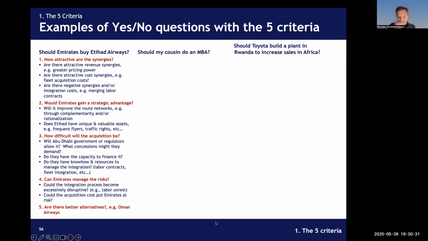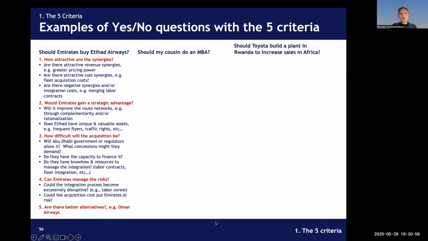Third, how difficult is it for them to pull this off? Is it even feasible? Do they have the money, for example, to acquire Etihad? Will they be able to get regulatory approval? And so on. Fourth, the risks. Can they manage the risks associated with this acquisition?